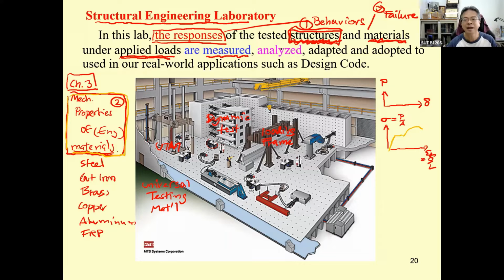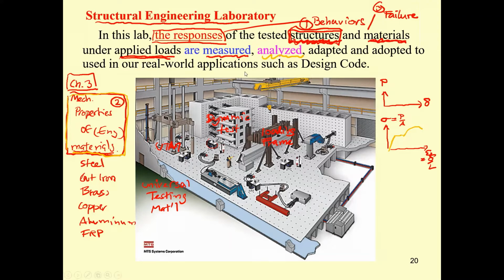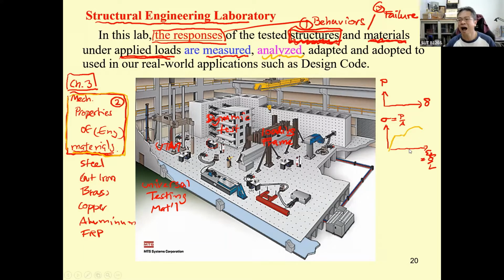And then we analyze this. What kind of behavior is the material going to have, ductile behavior or brittle behavior, and what kind of yielding stress is going to be. For this one it is supposed to be here. What kind of ultimate stress this material is going to have, the modulus of elasticity.